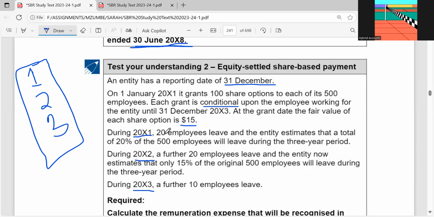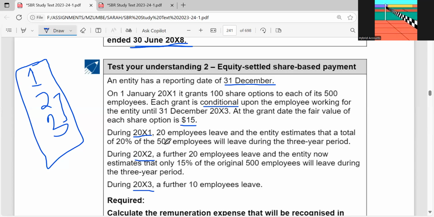You see now, although you already know the number of employees who have left during year one, the question has already given you, in fact, you only needed the estimate for year two and year three so that you combine them, right? But the bad thing is, this question has denied you the information on year two and year three, but it has given you the total figure, 20% to leave in all the 3 year period.